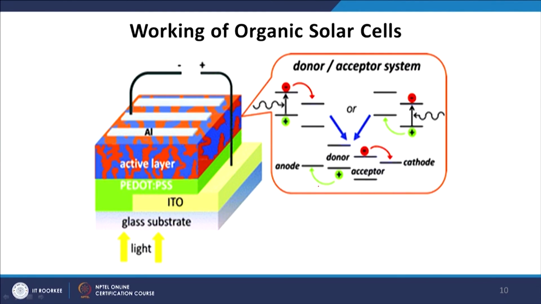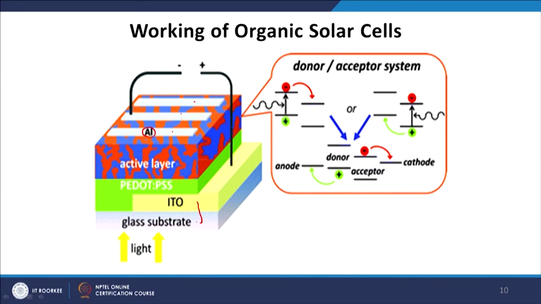Let us look at the working principle of organic solar cells. As we have said, an organic solar cell is a sandwich device. Basically, we have two electrodes: one is a transparent ITO substrate deposited on a glass substrate here, and then there is a metal electrode, aluminum, which we have put as a finger electrode to reduce the leakage loss.